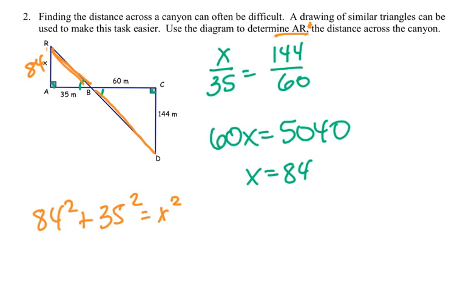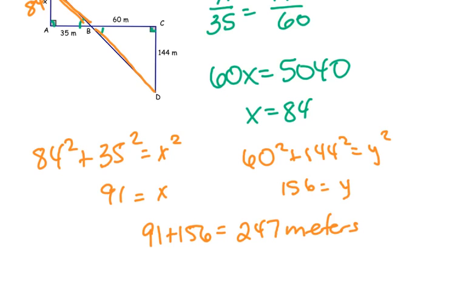And then 60 squared plus 144 squared equals y squared. When I get x and y, I'm going to add them together, and that will be my distance across the canyon. So pause the video if you haven't already figured that out, and figure out what that distance is going to be. Okay, the distance across the canyon is 247 meters.